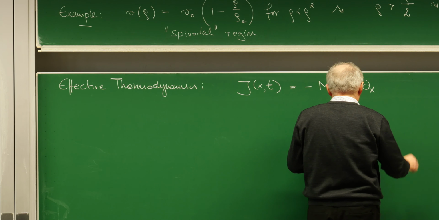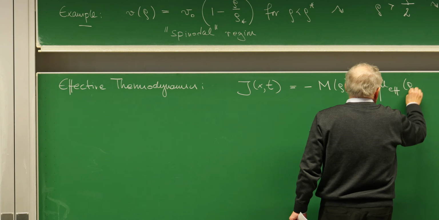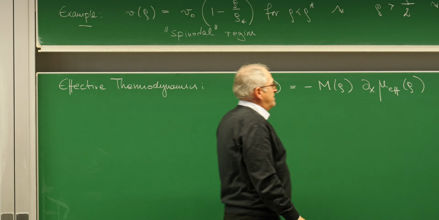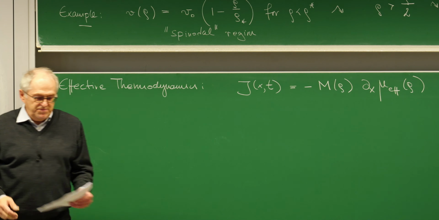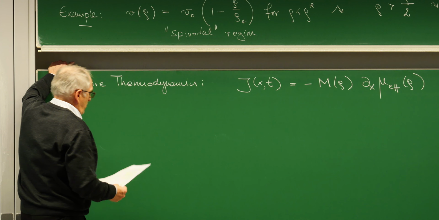But then I must have an object which is an effective chemical potential that also depends on rho.